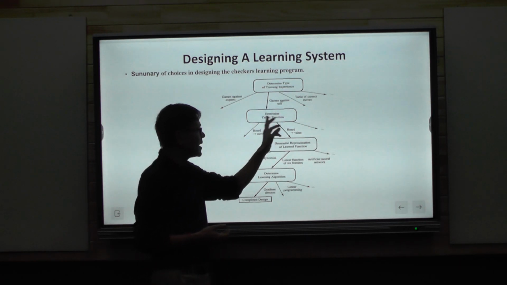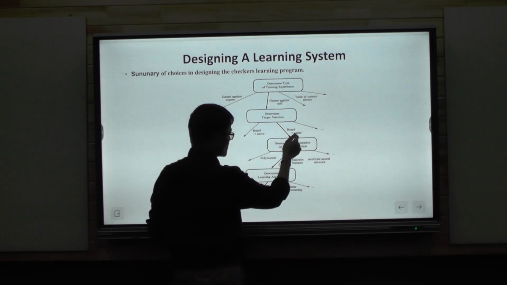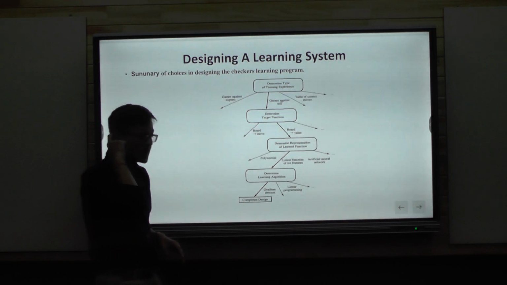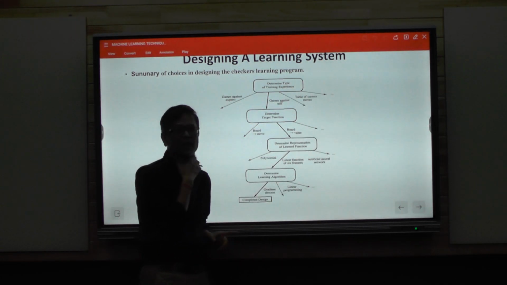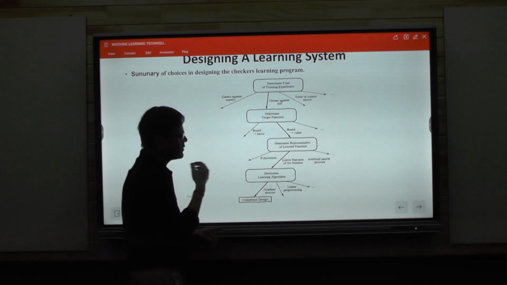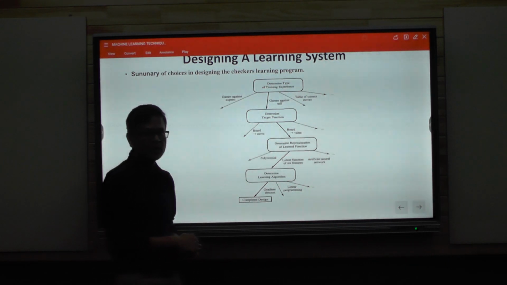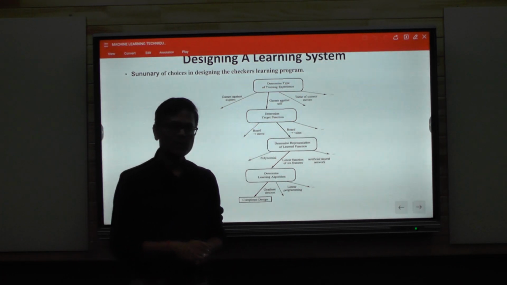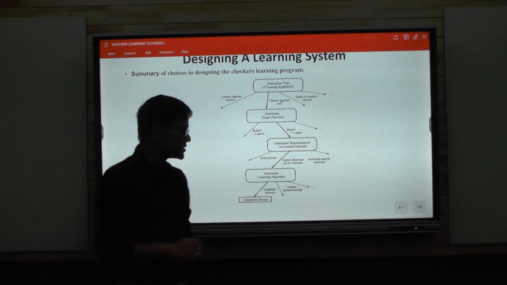After that, we determined the target function. We have chosen the board values; we could also choose the board moves, but in this example we chose the board values. Then we determined the representation of the learned function, and as we know from the previous slide, we chose a linear function of 6 features with some weights.